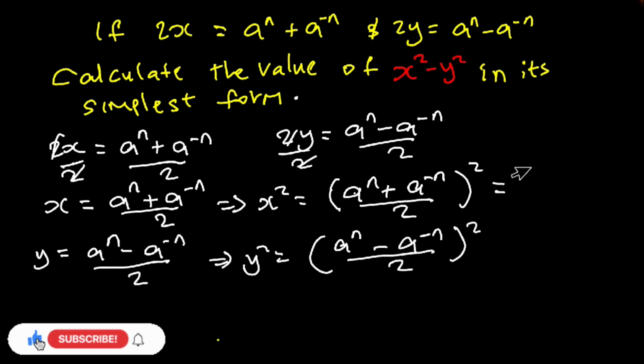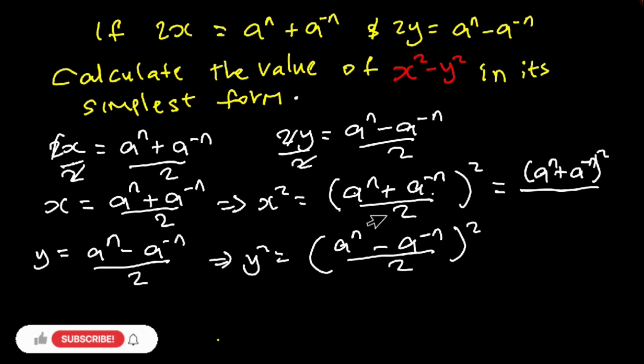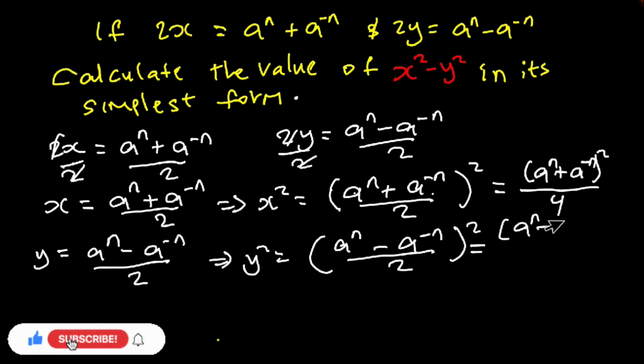Now if you have x over y squared, we can write it as x squared over y squared. So this is what we are going to write here. So we have (a raised to the power n plus a raised to the power negative n) all squared, then over 2 squared, which is equal to 4. So this one is also (a raised to the power n minus a raised to the power negative n) all squared, then over 2 squared, which is equal to 4.